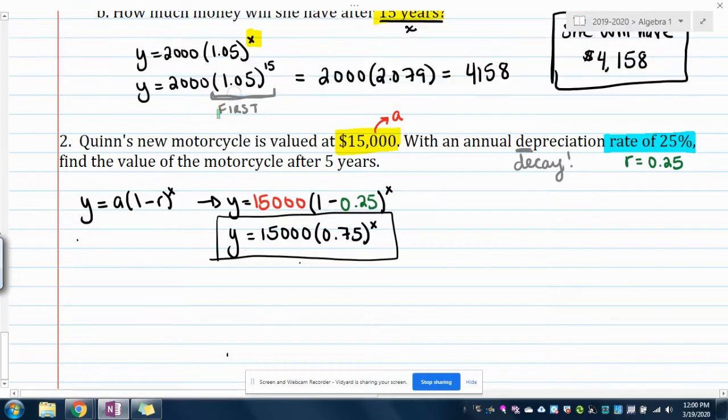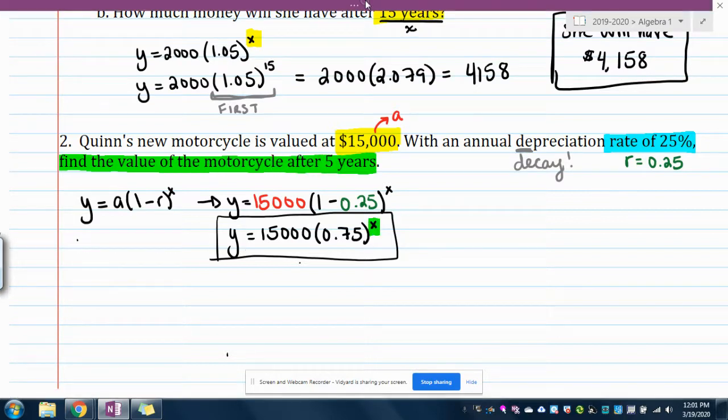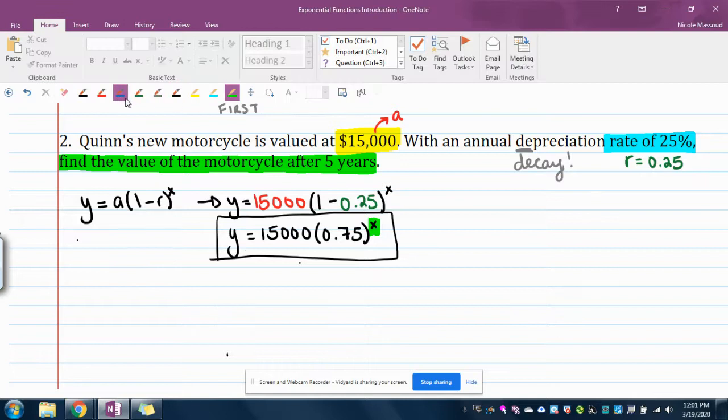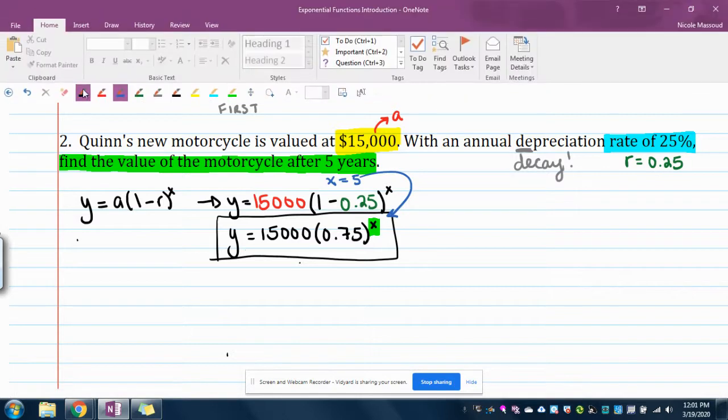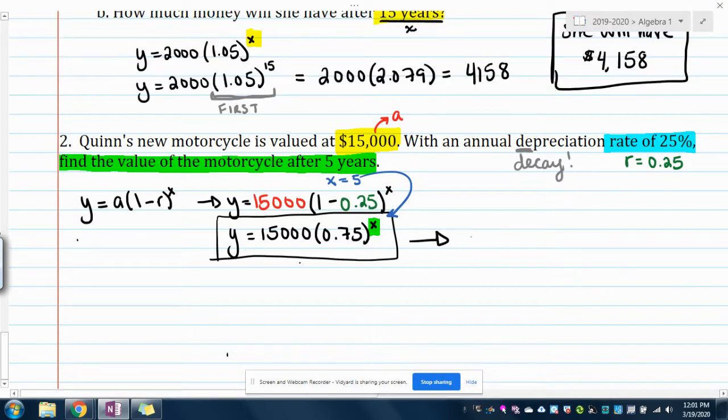what is the value? Find the value of the motorcycle after 5 years. So that means x is equal to 5. So x equals 5. So we plug that in here and we get y equals 15,000 times 0.75 to the 5th power.